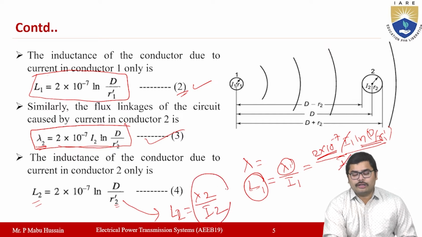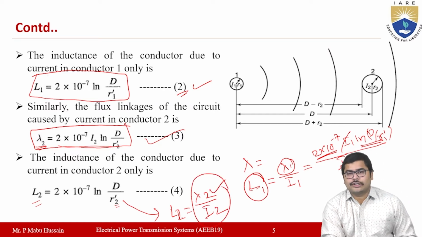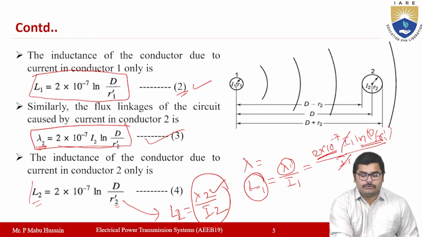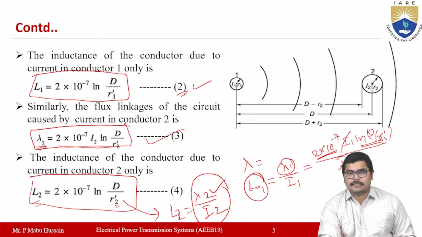If you substitute lambda 2 here, you get L2, the inductance of conductor 2, equal to 2 into 10 power minus 7 ln D by R2 dash. This is how you can determine the inductance of single conductor 1 and single conductor 2 in a single phase transmission line system.